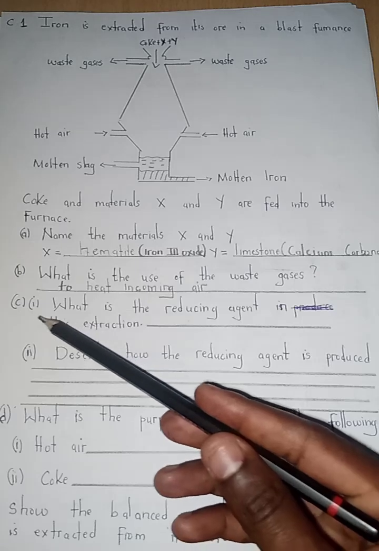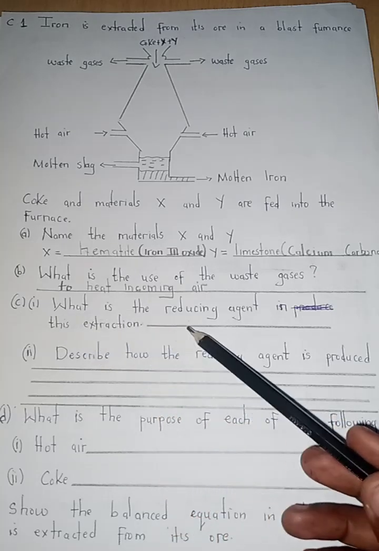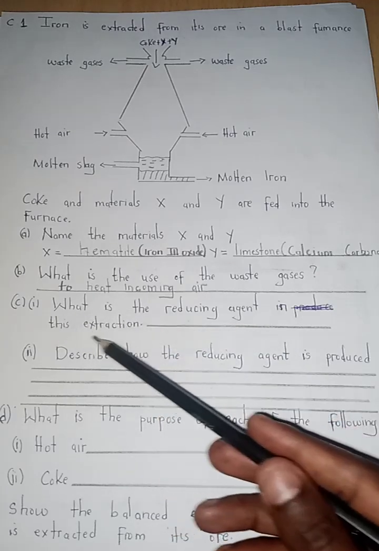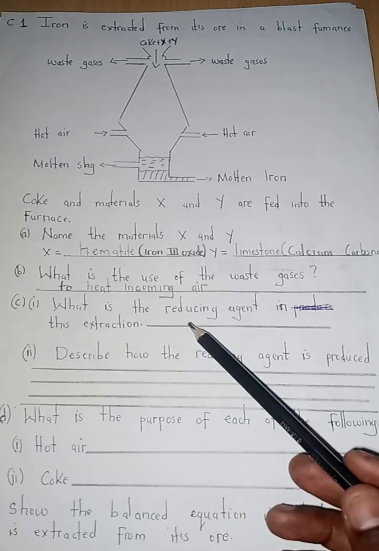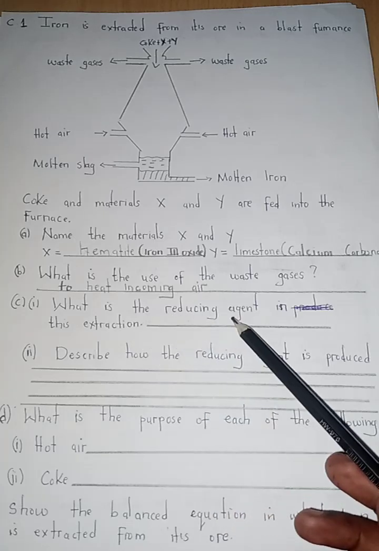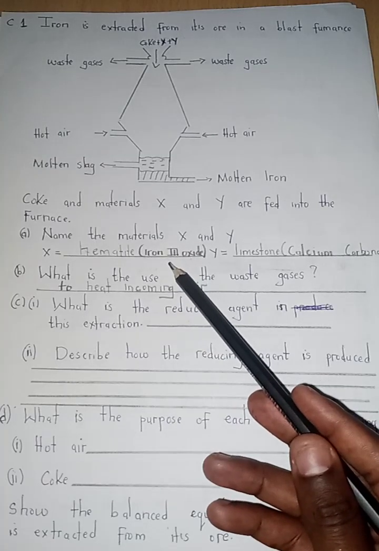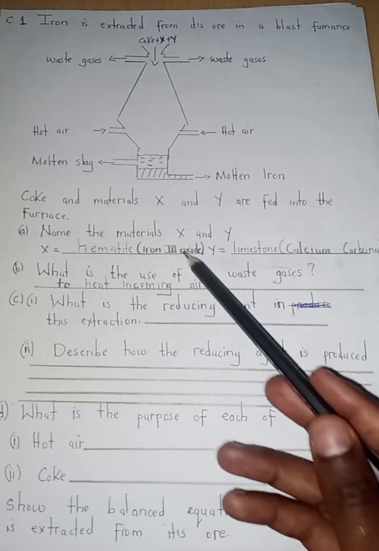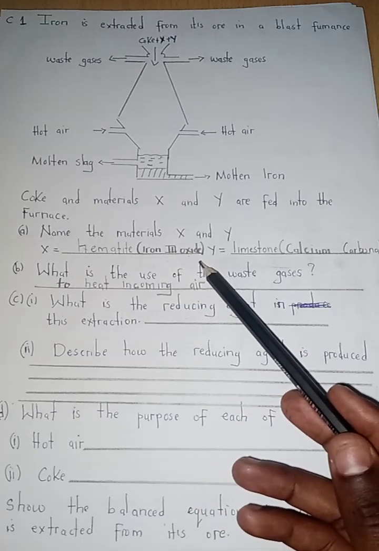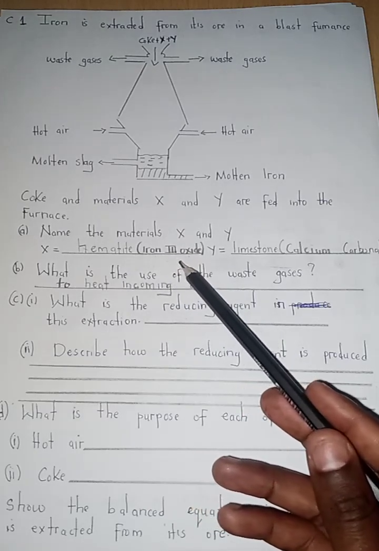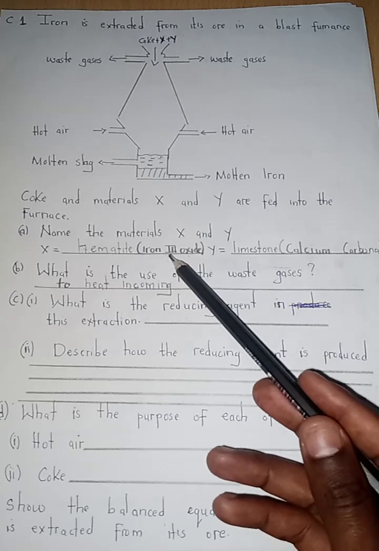Then C1. What is the reducing agent in this extraction? Now, to explain a reducing agent, look at iron 3 oxide. What we want at the end is just iron, not the oxygen. So how are we going to separate them? We are going to use a substance to separate them.